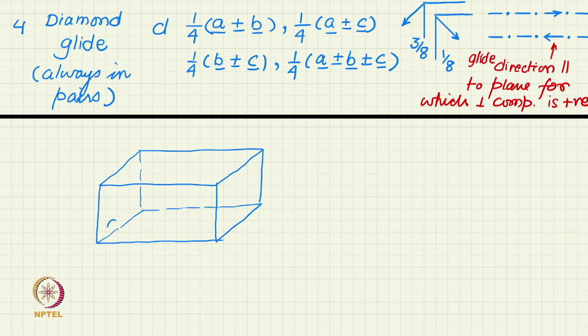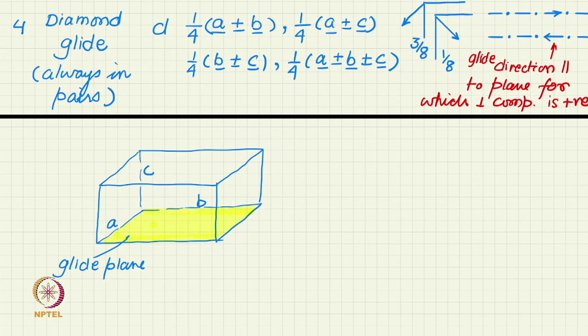Let us say that this is A, this is B, and this is C, and let us make this plane itself a glide plane. This yellow highlighted plane is the glide plane, and let us say that it is an axial glide.